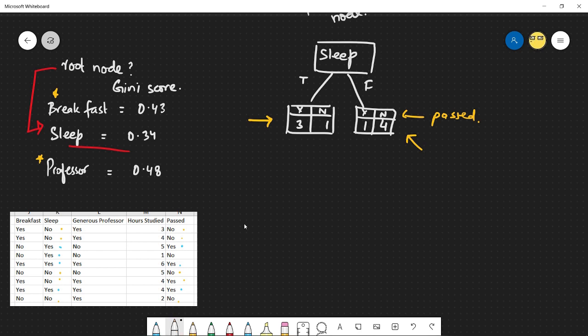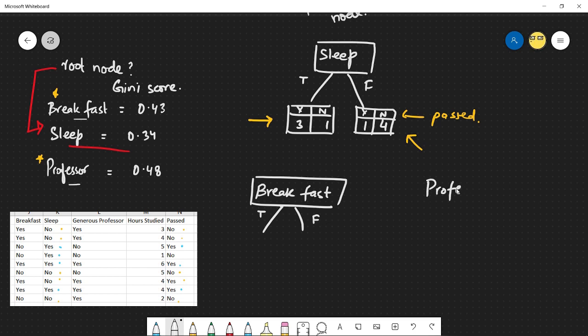To do that, we're going to first again decide which node should go here. It could be either breakfast or professor. And for that, we're going to make a trivial decision tree again. I'm going to make one for breakfast, which is going to have a true and false value, and I'm also going to make one for professor with its own true and false value.